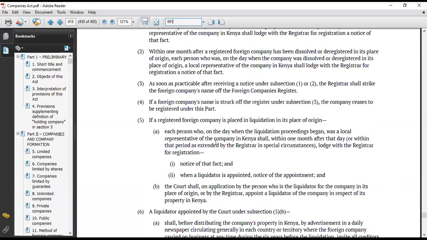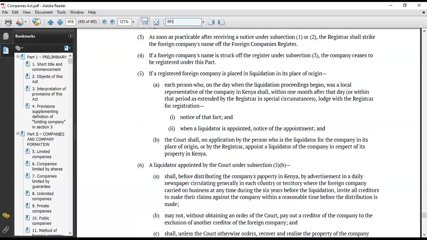Each person on the day when the liquidation was commenced shall within 1 month after that day lodge with the registrar a notice of that fact, the appointment of the liquidator. Then the court shall, on application by the liquidator of the company in its place of origin or the registrar, appoint a liquidator of the company in respect of property in Kenya.